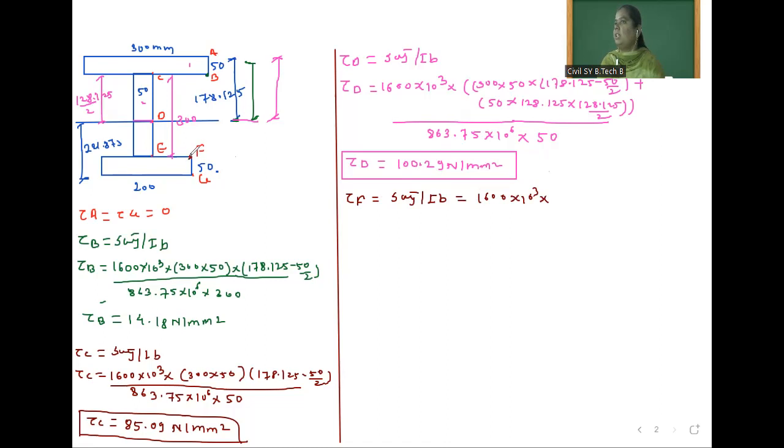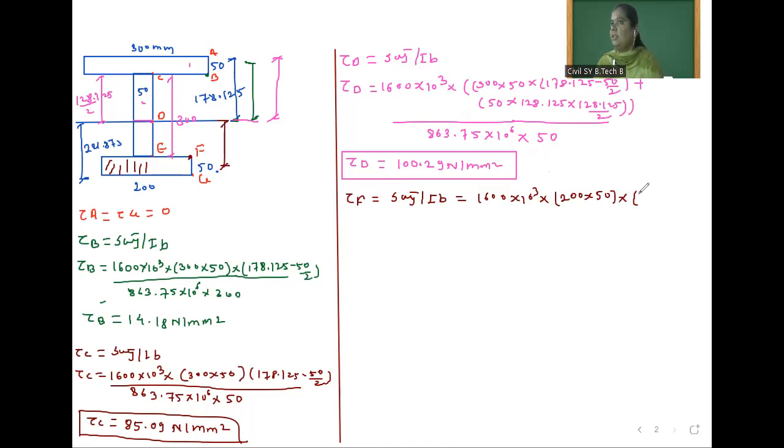Okay, please concentrate here. We are calculating at F, that means the area below this F. So here this strip will come under this F point. So area is 200 into 50, into y bar. So y bar is the distance from the neutral axis to the centroid.